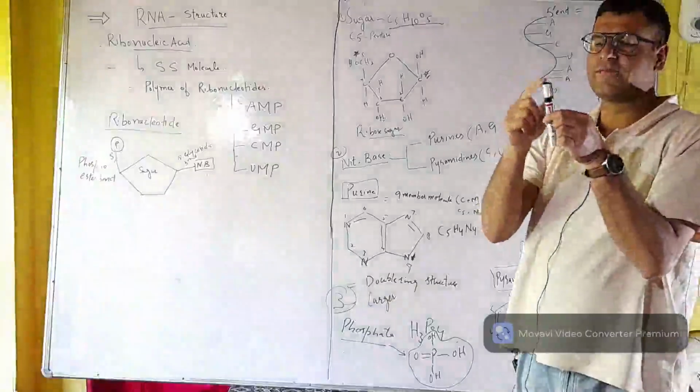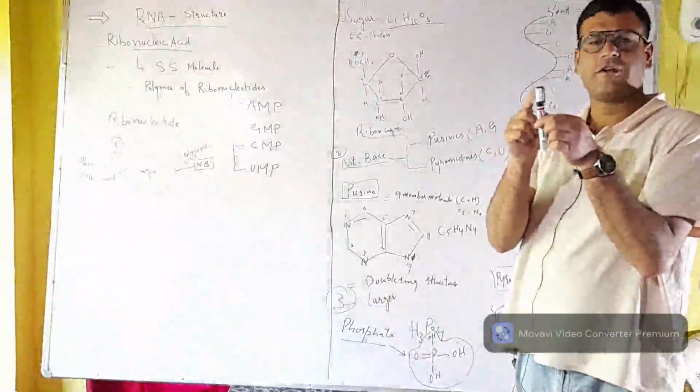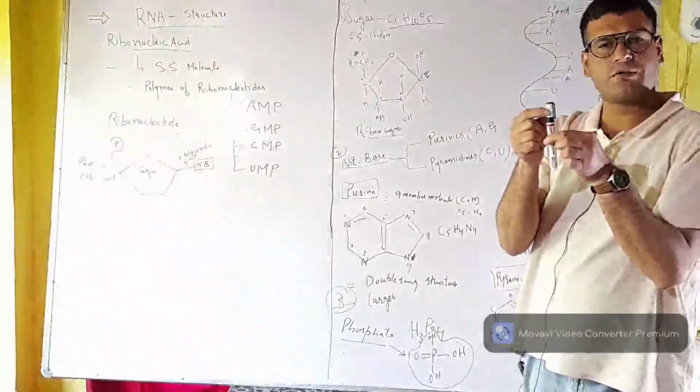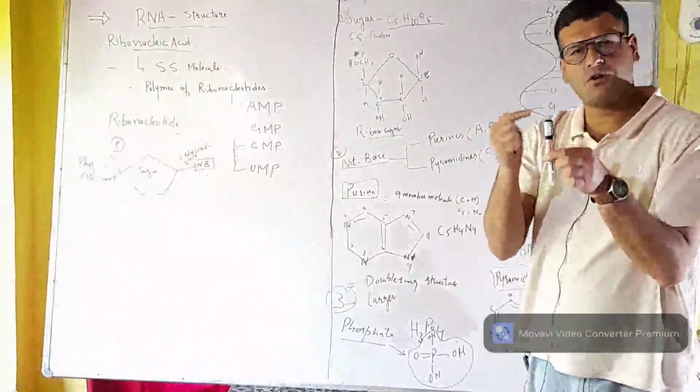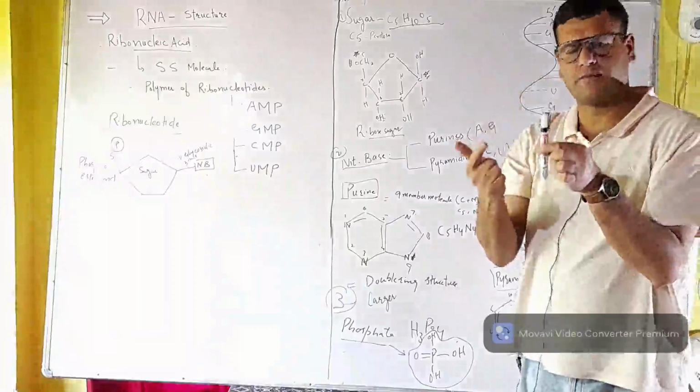What it means? It means that the phosphate group, which is present at the carbon fifth of the sugar, is free on this end. This end is called as the 5' end, or 5 prime, and this is called the 3' end.